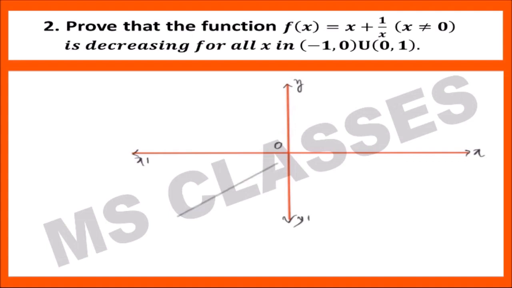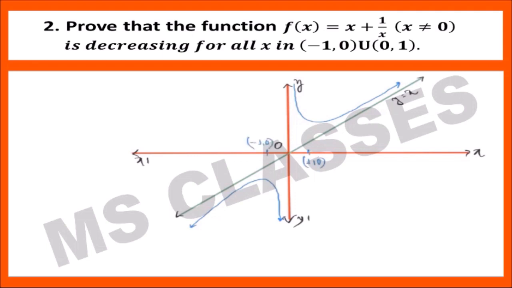This is the line y equals x. This is 1 comma 0, this is minus 1 comma 0.